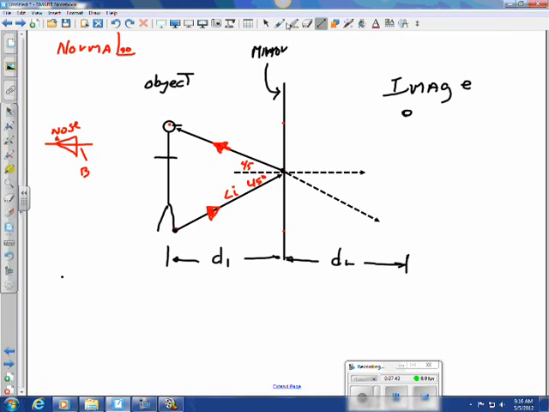I'll show you what I mean by that. I took this line right here, stuck it right there, and I flipped this all the way over till it ended up like this.